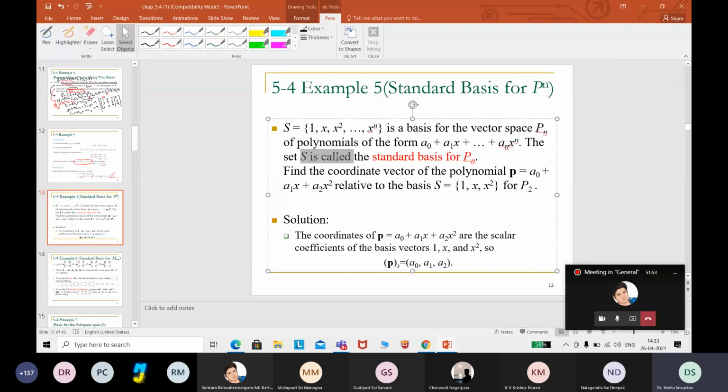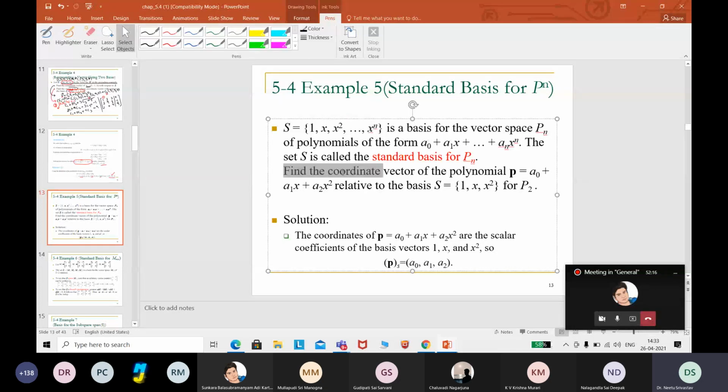The set S is called the standard basis for Pn. When can we say that it is a standard basis for Pn? When the components themselves are the elements. So you have taken 1, x, x square, so on, x raised to the power n, it is a basis.